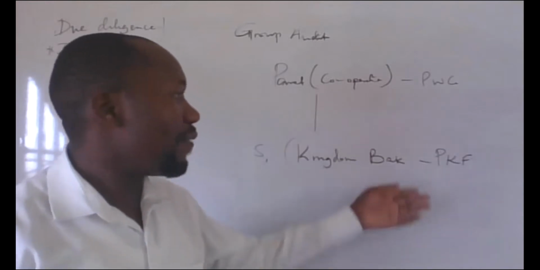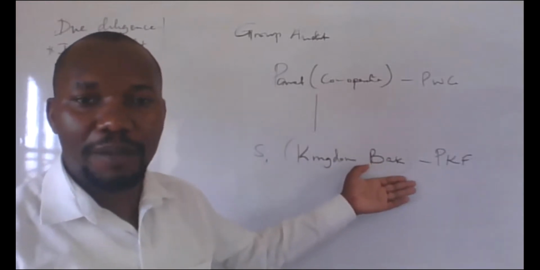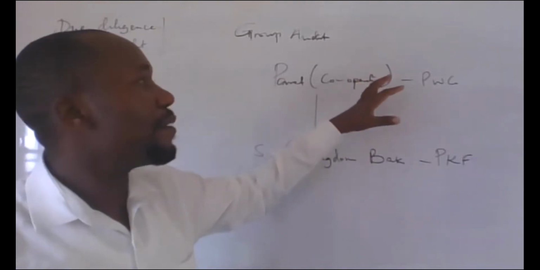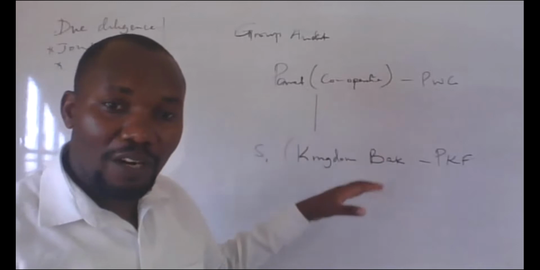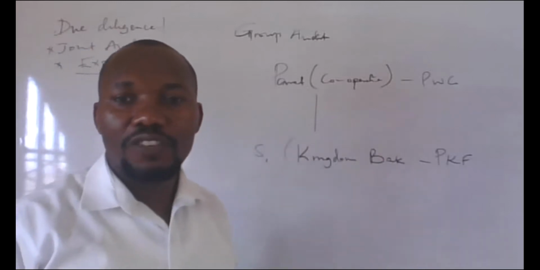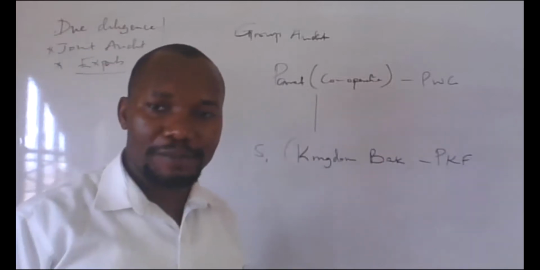So PKF can continue auditing this company, or they can try to agree so that the parent auditor can audit this. So they have two options.